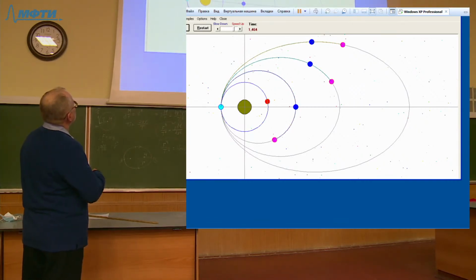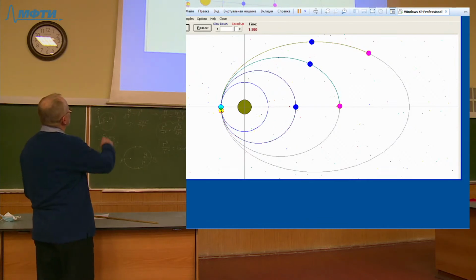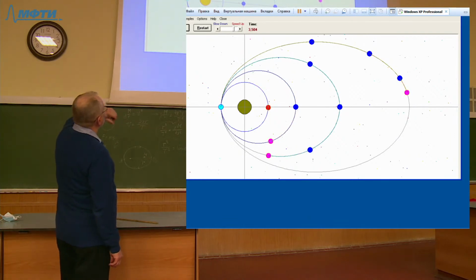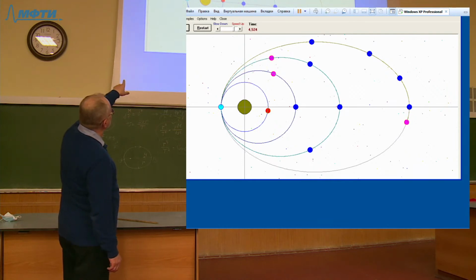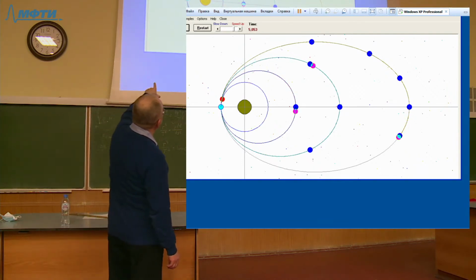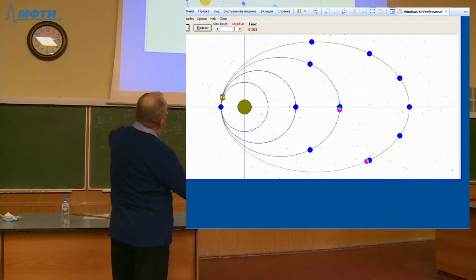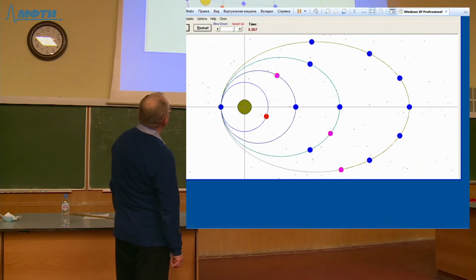The first trajectory is the circle. You see the red body moves along the circular trajectory, and the second moves along the elliptical, which has slightly larger semi-major axis, and the period of rotation is smaller for a larger orbit.